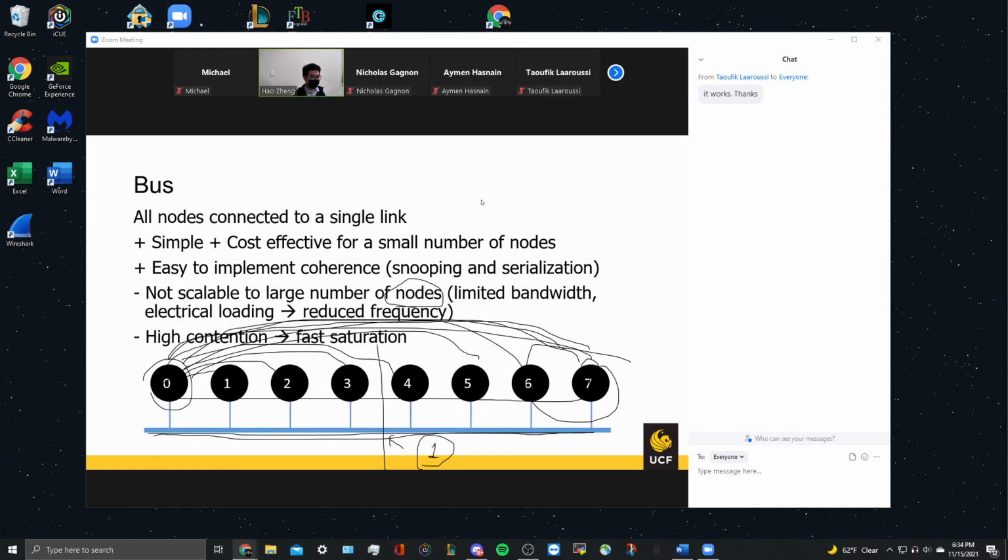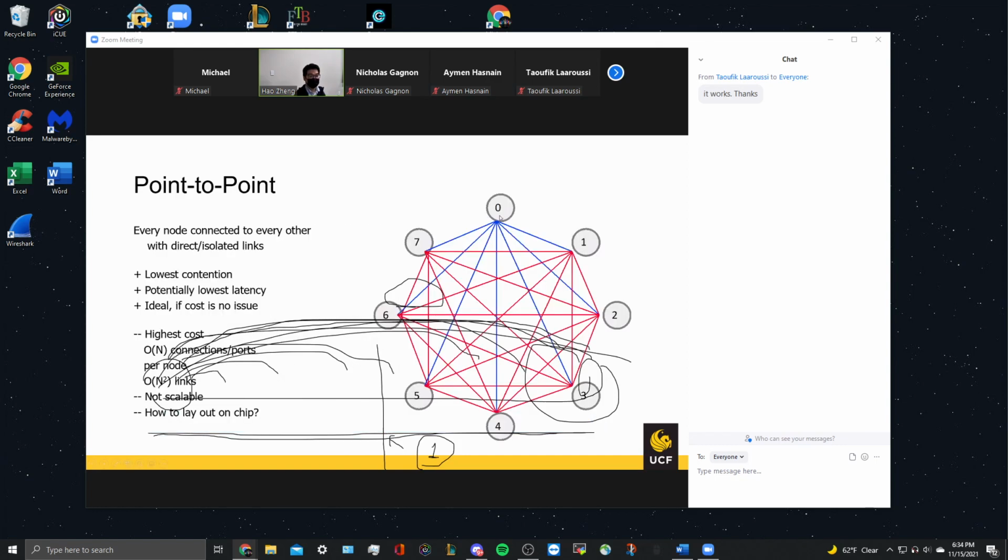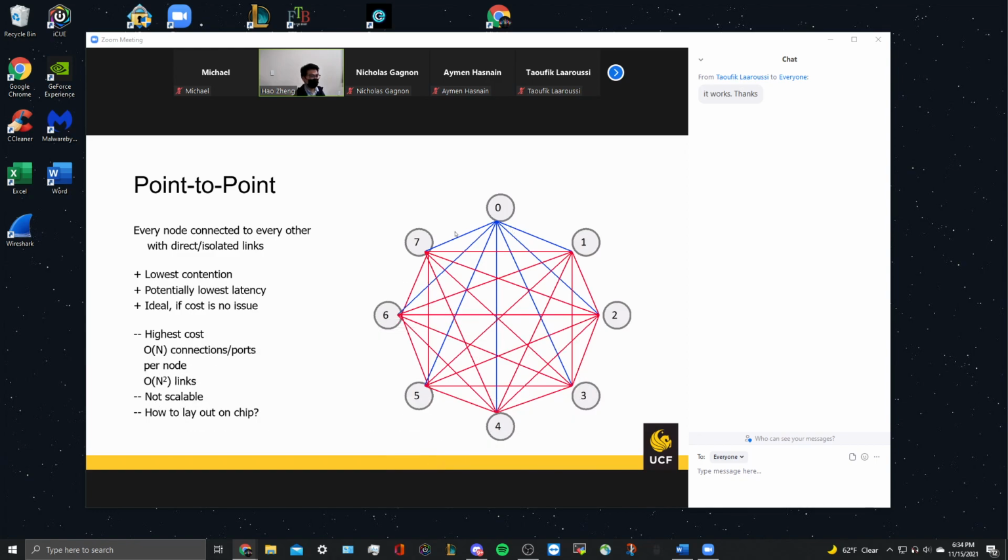So how do we solve that? Let me clear my drawings. A better way to do that is point to point, where every node is connected to the others.